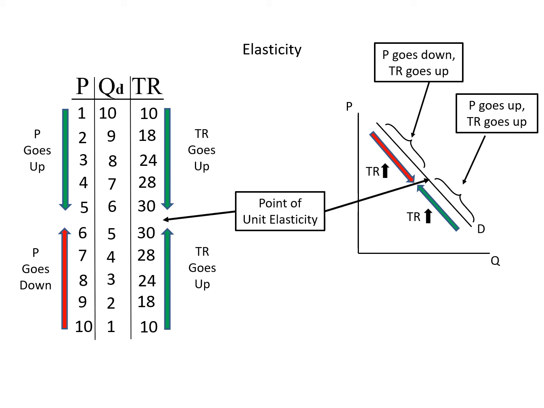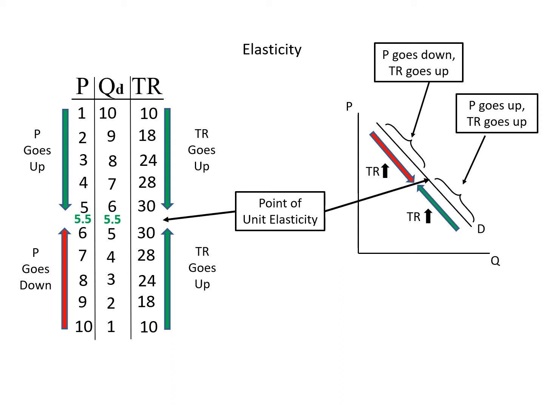As you could guess, the point of unit elasticity on this straight line 45-degree demand curve will be right in the middle. Let's see what the total revenue will be if we price the product at the exact midpoint of the demand curve. We see that the unit elastic line segment on this curve is between the price of 5 and 6. The point exactly midway between these two boundaries, which we'll call the point of unit elasticity, is 5.5.